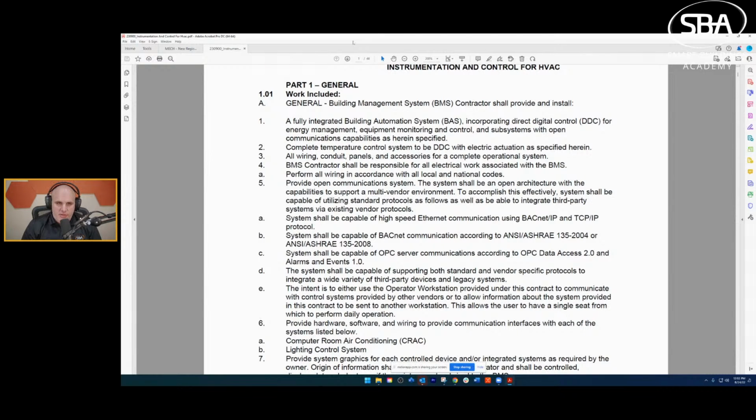Now, drawings typically go through three phases before they're released as construction documents, or released to construction. You will have your schematic design, the design development phase, and then construction design. So SD, DD, CD. You move through these and you may hear 50% DD.